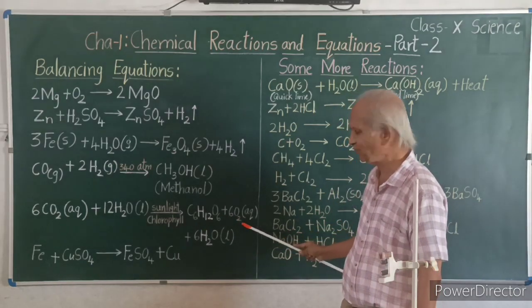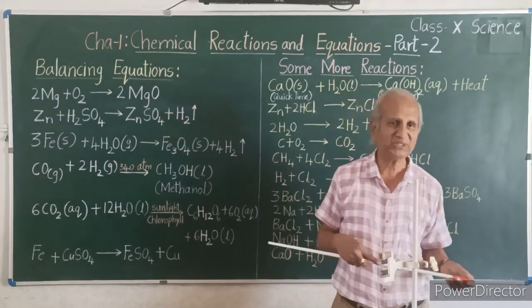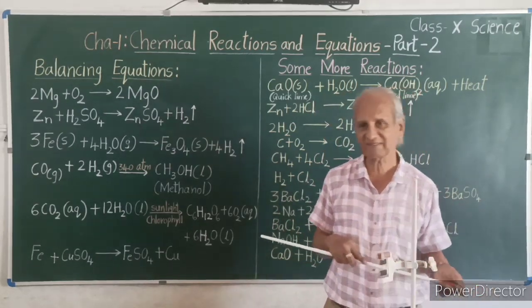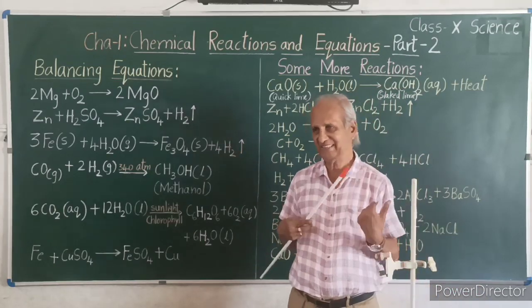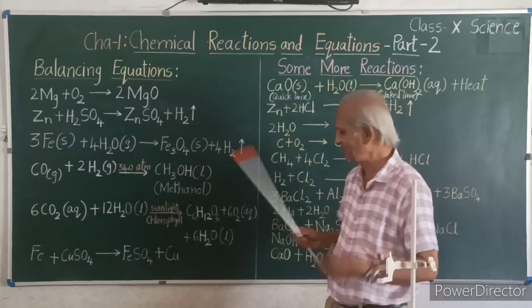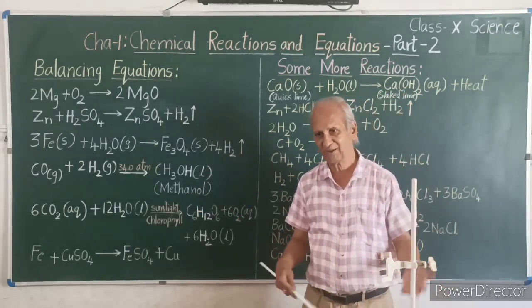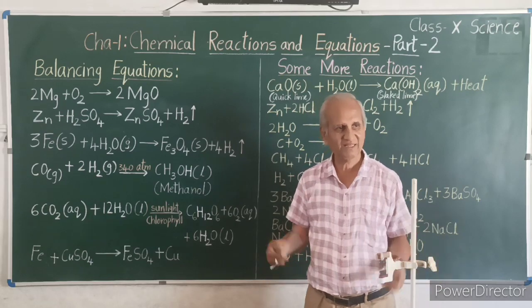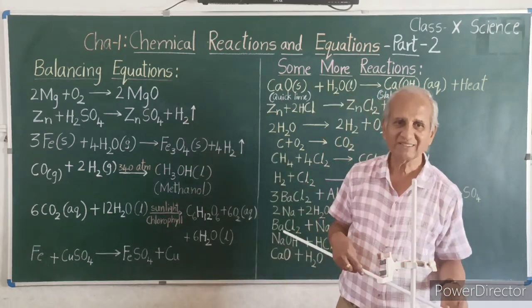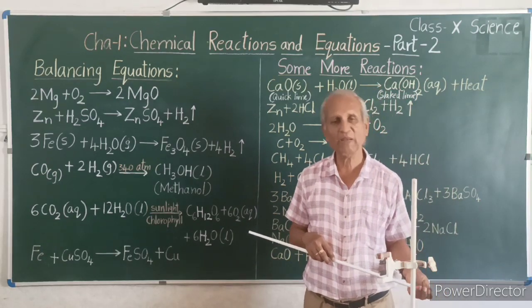plus 6 O2. You know, when the photosynthesis takes place in plants, the gas taken in is carbon dioxide. The gas given out is oxygen. This we have already learned. Right from 3rd or 4th standard you start learning about the photosynthesis reaction in plants.